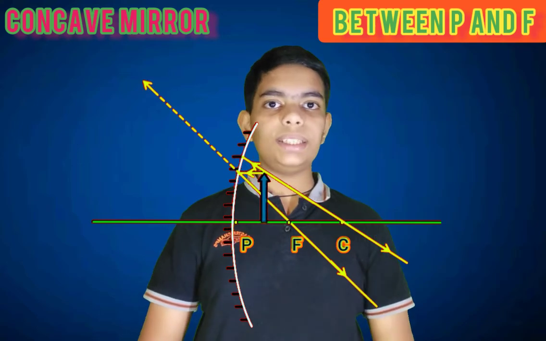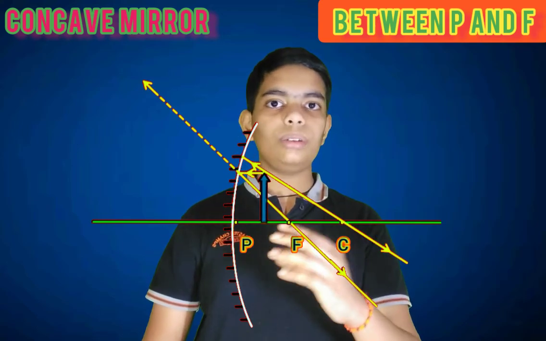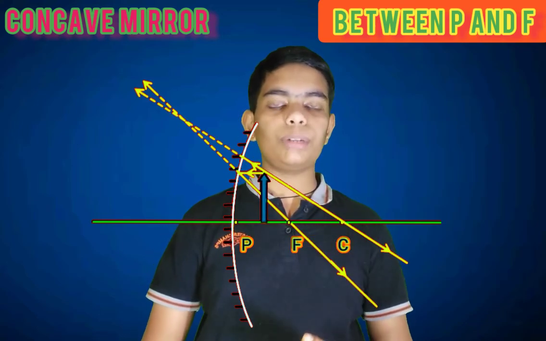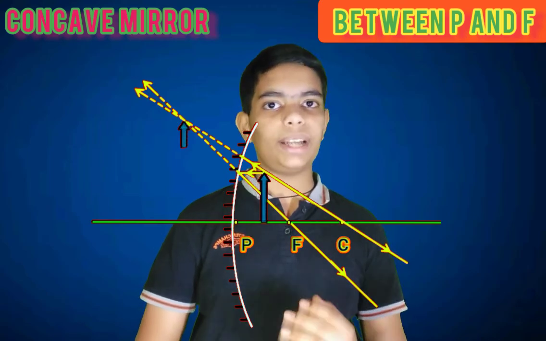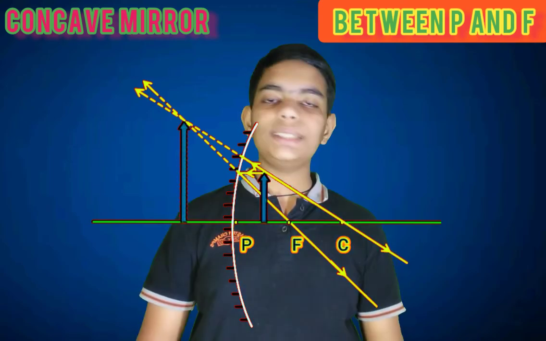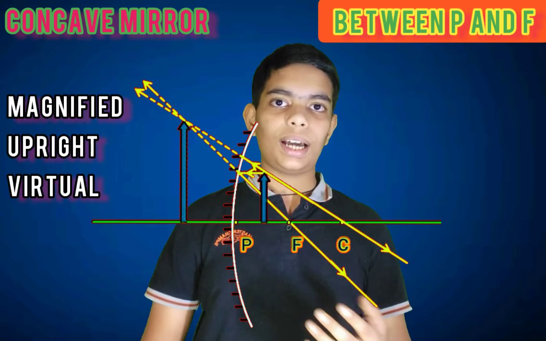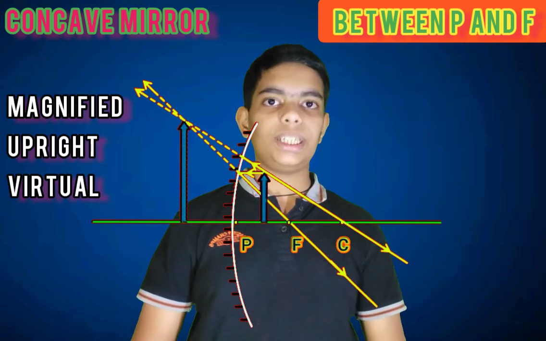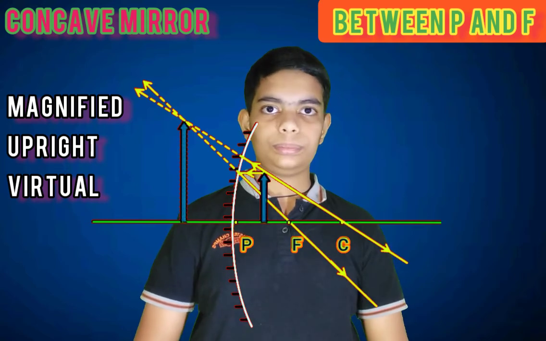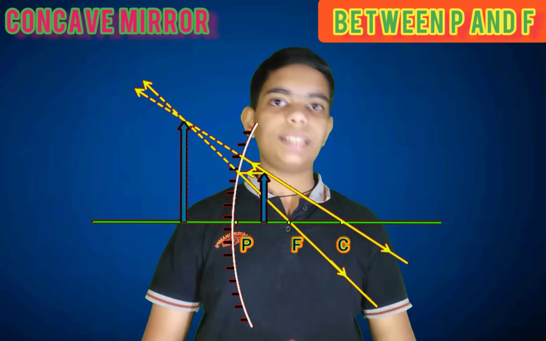But if we extend these rays behind the mirror, we can see that the 2 reflected rays meet at a point behind the mirror. So friends, here you can see that the image is virtual, enlarged and it is upright. It is formed behind the mirror. This is the last case, friends, which is the fifth case.